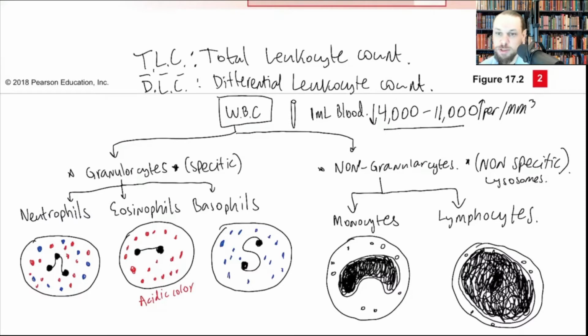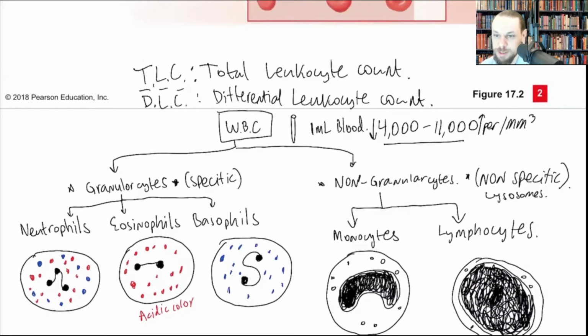So the moment you start to talk about DLC, differential leukocyte count, you can no longer refer to the numbers, you are referring to percentages, right? So TLC is the total amount of white blood cells, right? And this was the number here, 4,000 to 11,000, we said. But the moment you start talking about DLC, differential leukocyte count, we're getting into the percentage range.